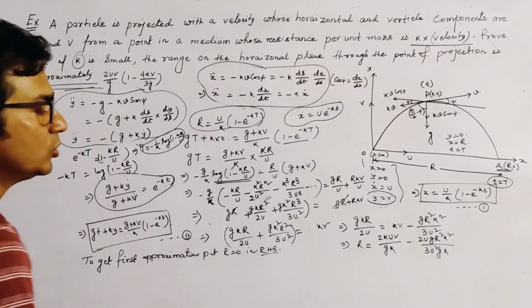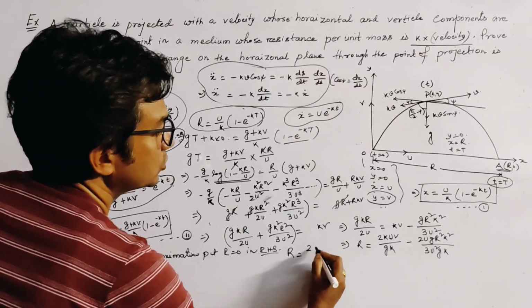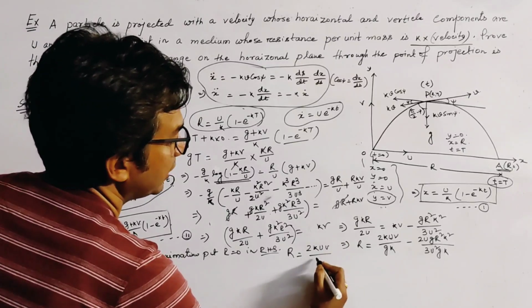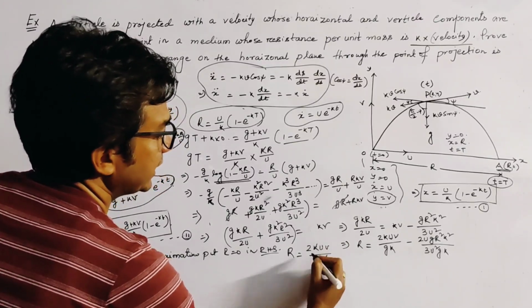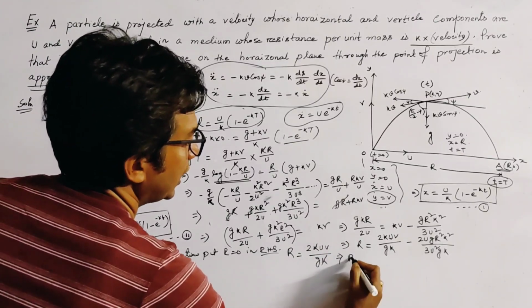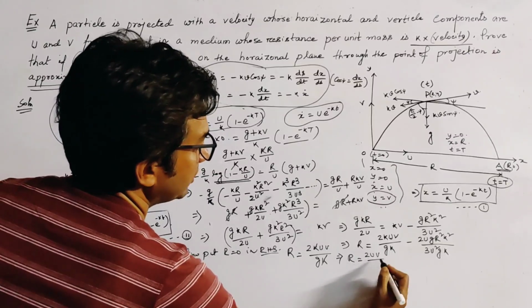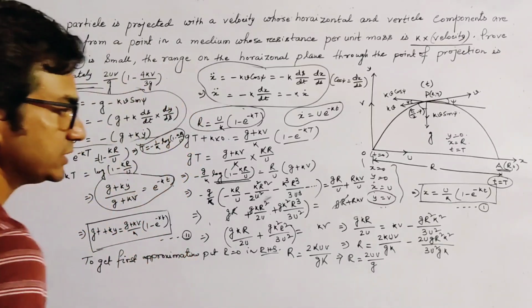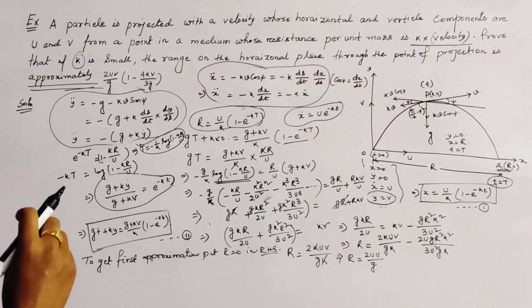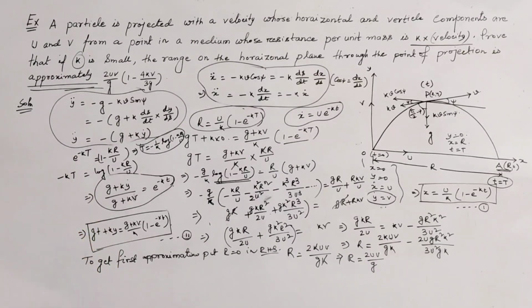We get r equal to 2kuv by gk, that is k cancels out, so r is equal to 2uv by g. This is the first approximation of r, right?